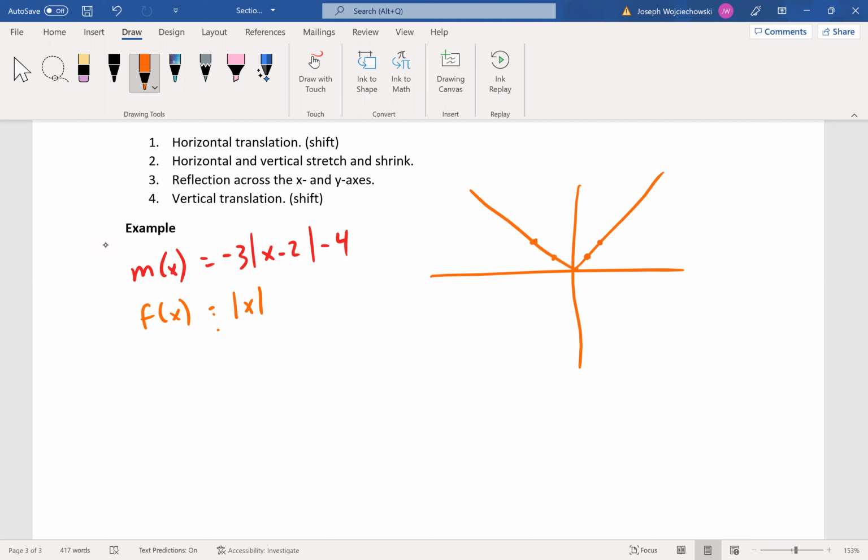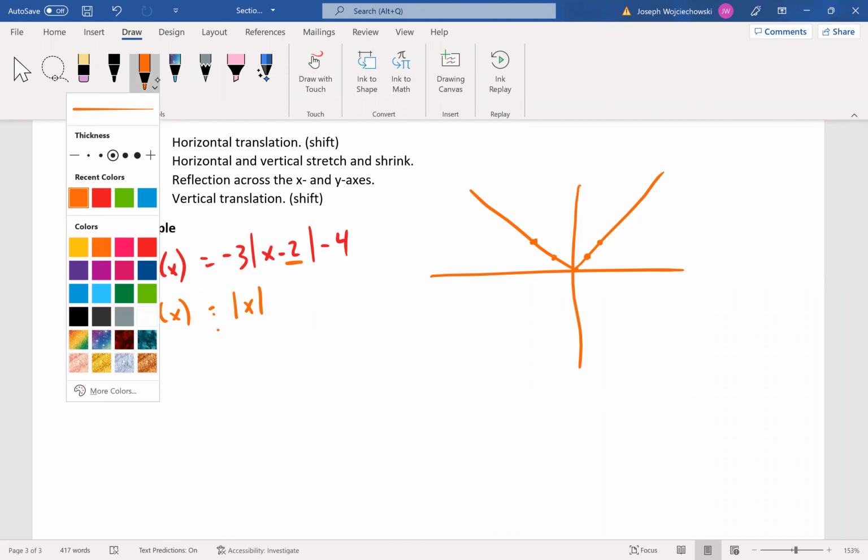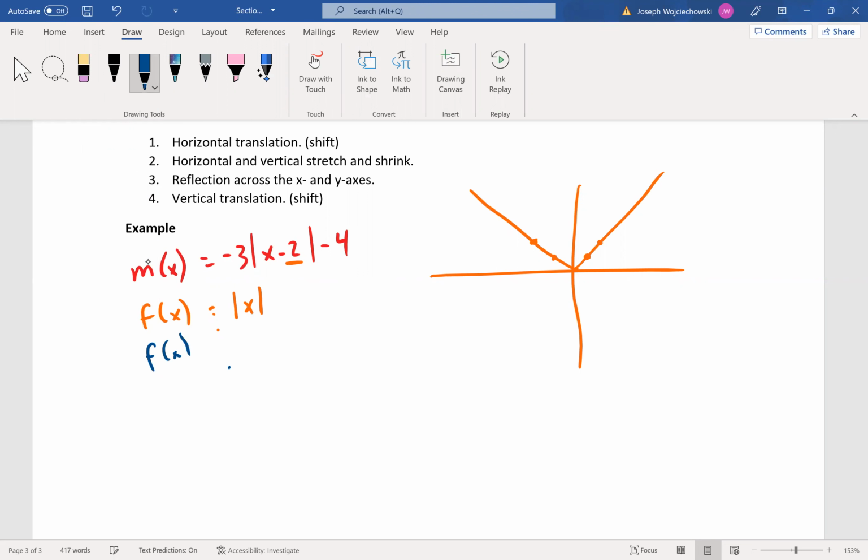Now, first thing I need to do is horizontal translation. So that means this here. Next up, we'll call it g of x now, the absolute value of x minus 2.